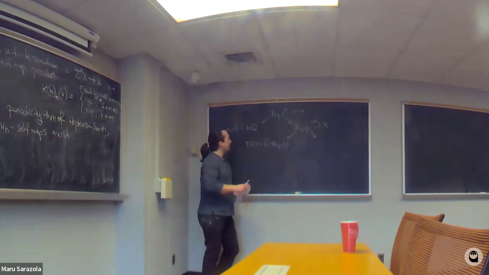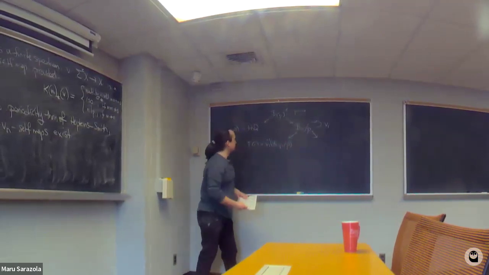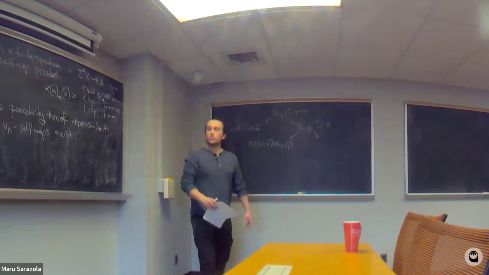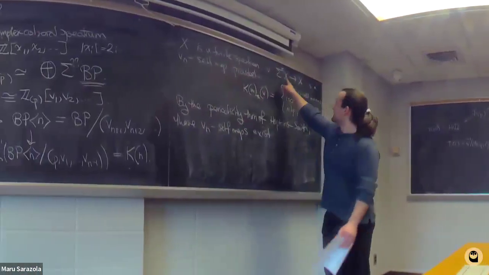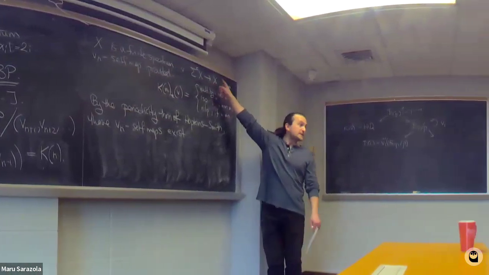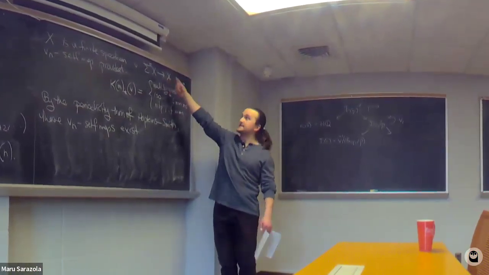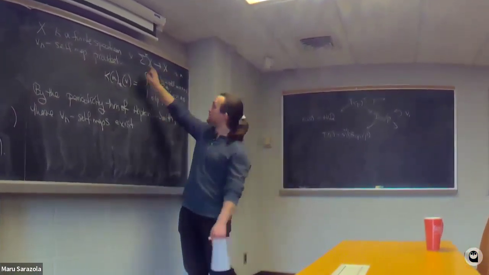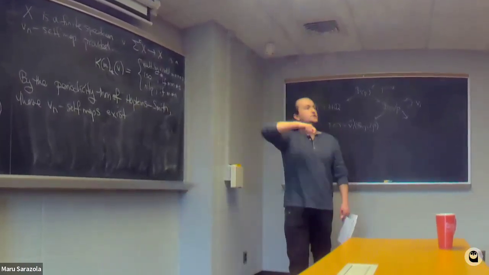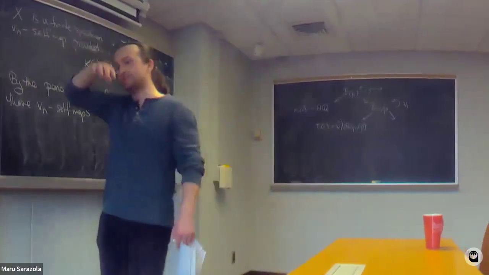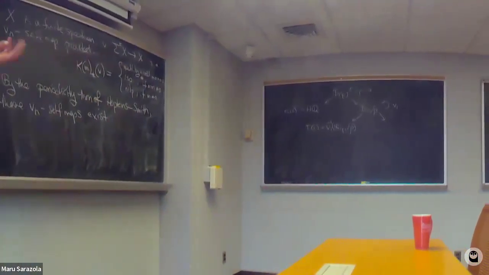Secretly, you can view this V1 as a self map that goes like this, or equivalently by desuspending, you can view it as a map from X to a desuspension of X, and you could iterate that, and you could take the colimit over that whole sequence of maps, and that's what we mean by inverting.